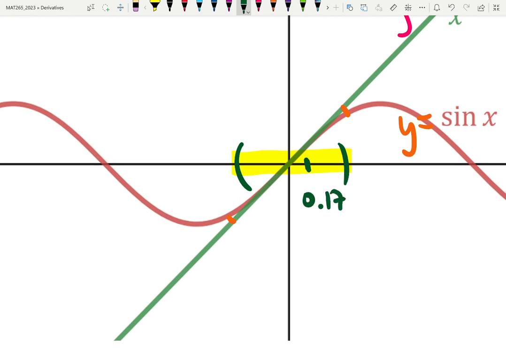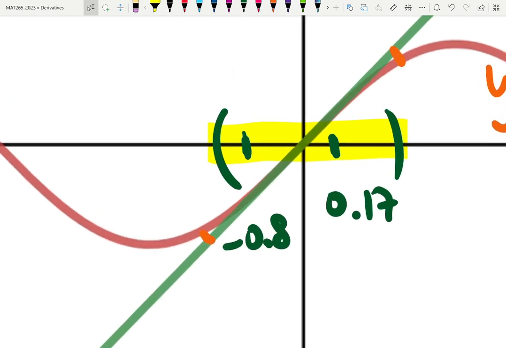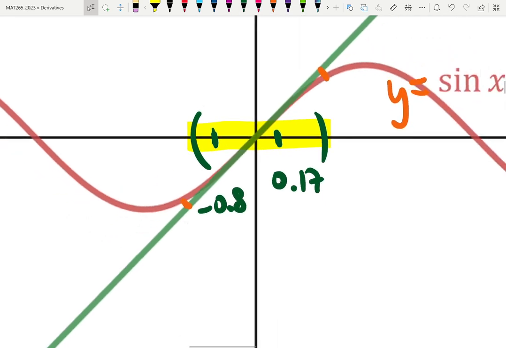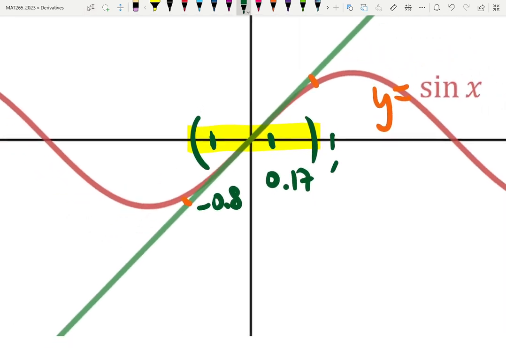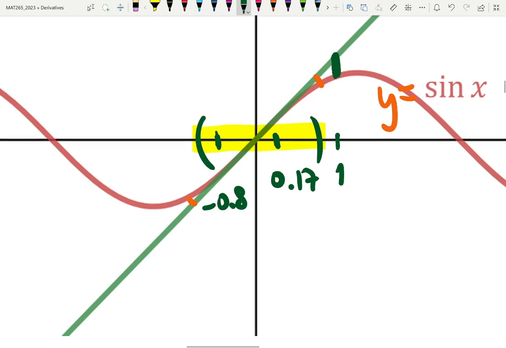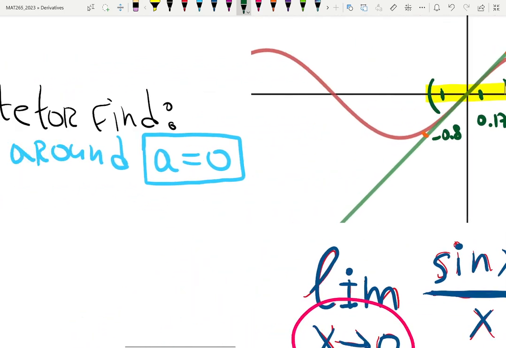Minus, what was it? Minus 0.8. It's over here. And you see, over here, it is very close. The 1 will be kind of awkward. The 1 will be here and there will be like a gap. Not a big fan of that, but we will see how it works.